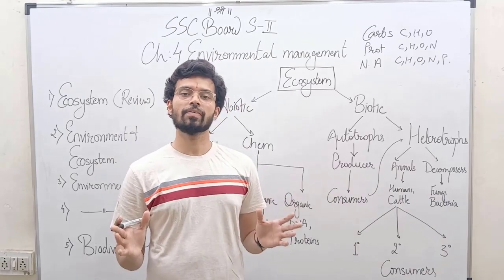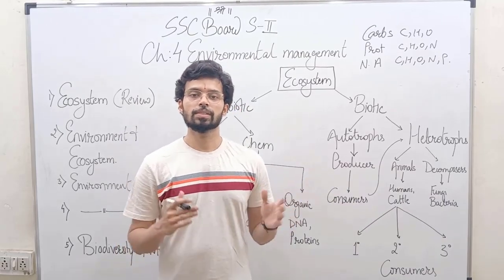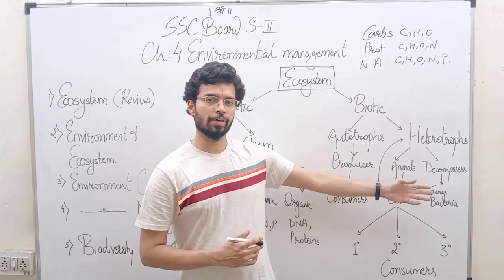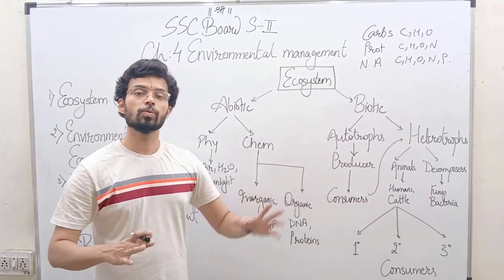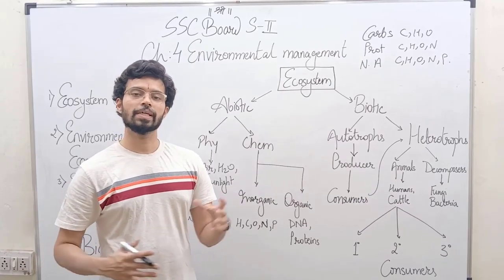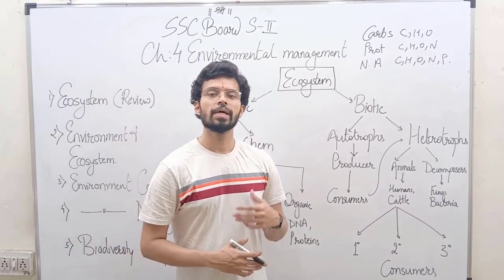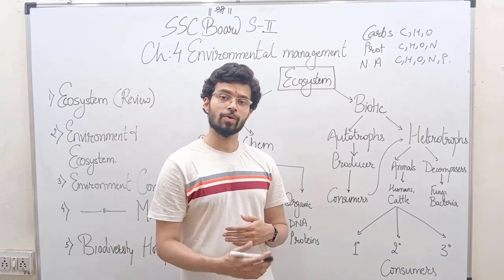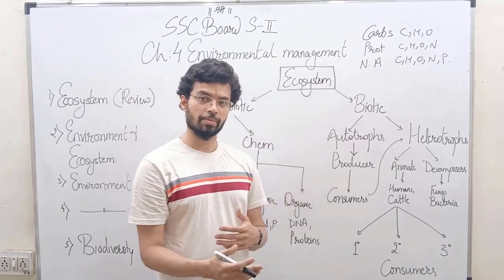Okay, the quantitative aspect of decomposition is majorly taken care of by these two organisms: bacteria and fungi. Now it is very difficult to say who decomposes to a maximum extent. It depends on a lot of factors. It depends on what niche of the ecosystem we are talking about, what is the biomass of fungi versus the bacteria present.